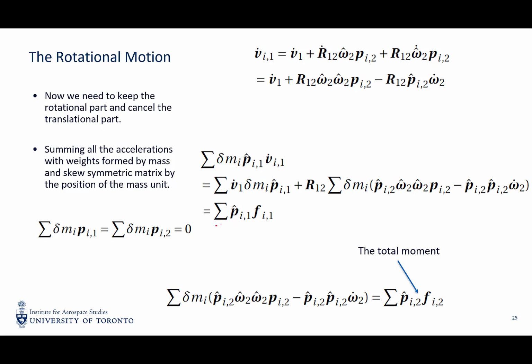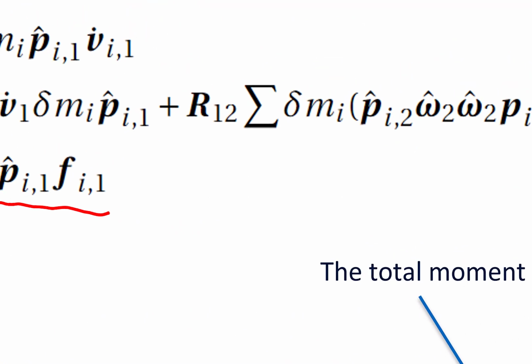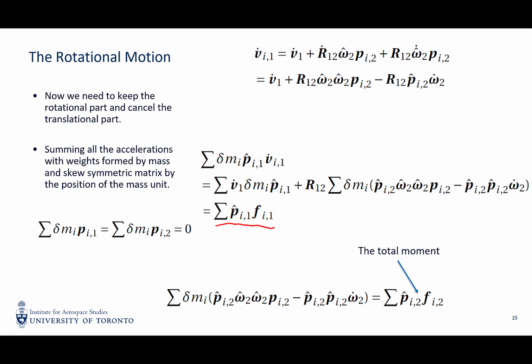So in this case, we multiply by pi hat on both sides of the equation, and by stating that the body fixed frame is at the center of mass, we get the following.